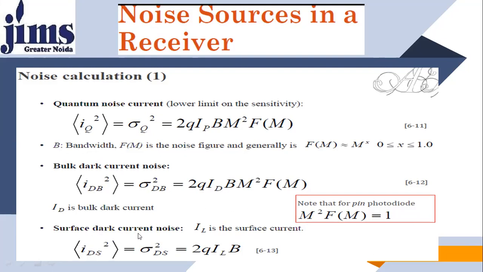Then surface dark current, IL is the surface current. Again, the only difference is this IL, B is the same. And for a PIN photodiode, M is equal to 1 and FM is equal to 1, so this factor is equal to 1 in PIN. This factor comes into the picture when you take an avalanche photodiode, right?